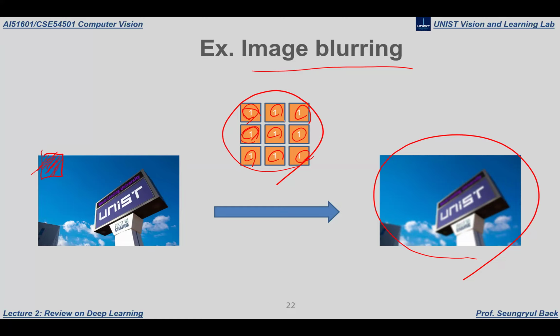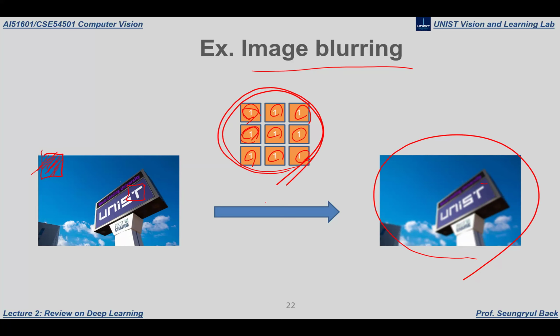So these patches will be mixed. Their pixel values are mixed with nearby pixels. Are you guys understanding that? Because of that, to human eyes, it seems blurred.